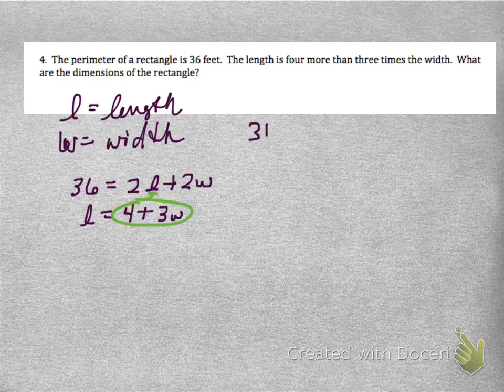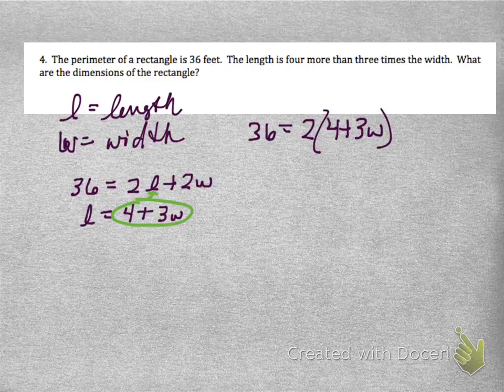So I'm going to rewrite that first equation, but instead of L, I'm going to put 4 plus 3W in place of L, substituting that in. Then I solve that equation.